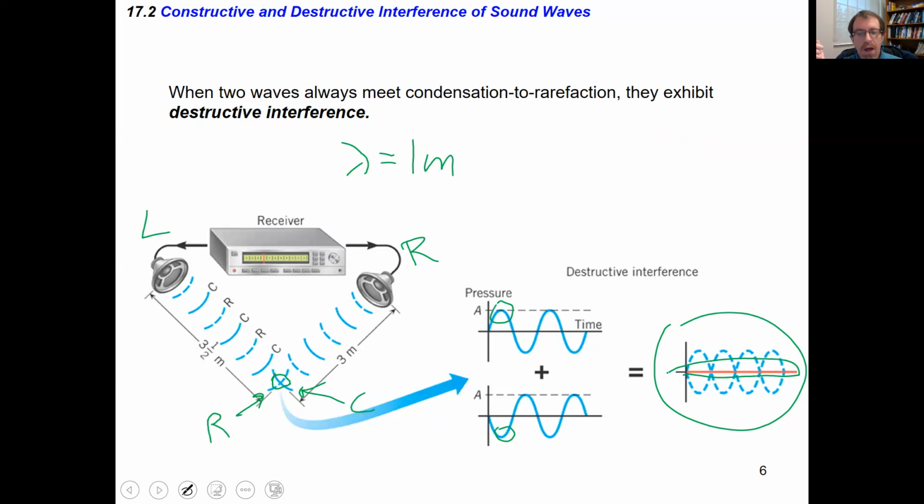And if I'm in the right spot in a room and maybe I plug up one ear, that I could actually find some place where I wouldn't hear any sound at all. That seems a little shocking. It turns out it's true. It's a little hard to actually do this, and there's a reason for that.